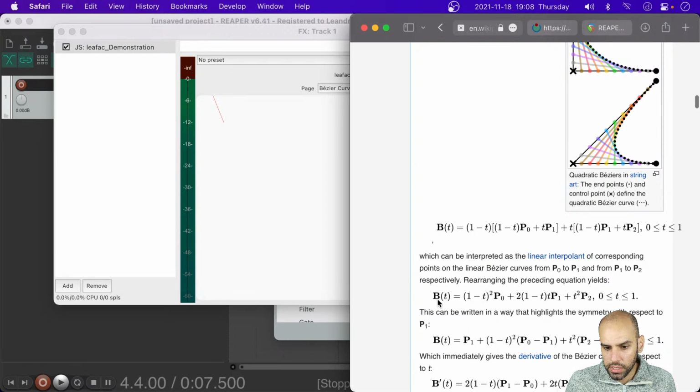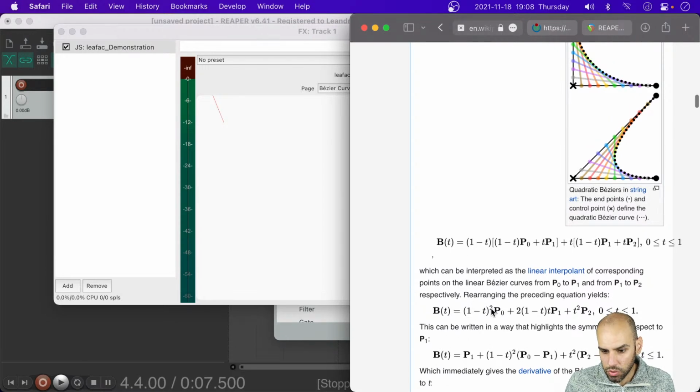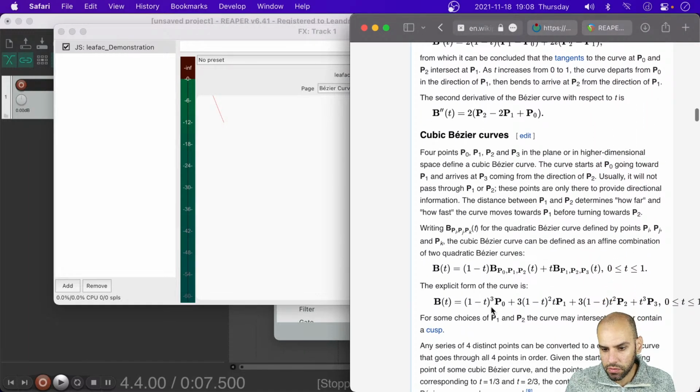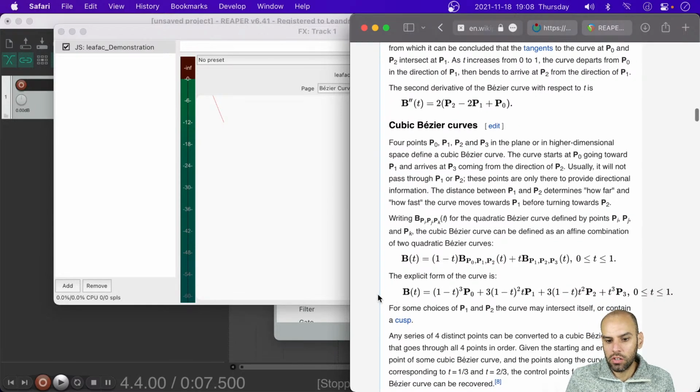For instance, this formula over here has a square, and then the formula for cubic will have cubes. Now we have 2 different ways to go about this. We can think of it as just implementing the formula, and that's fine.